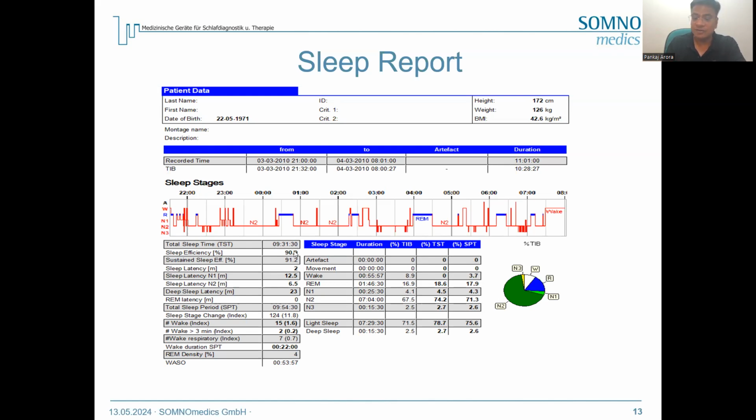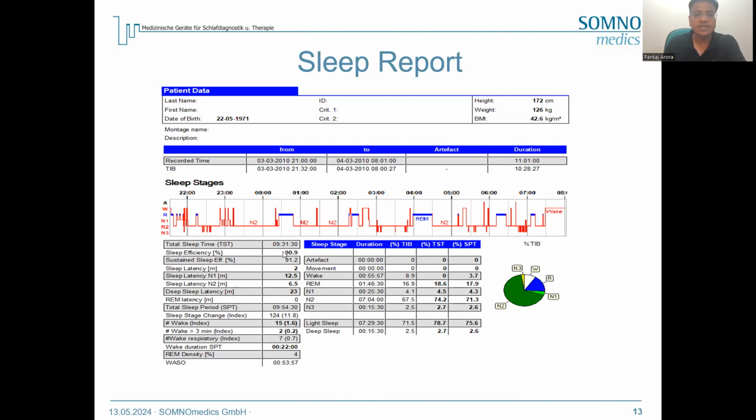How do you calculate sleep efficiency? I told you, total sleep time divided by time in bed. Total sleep time in this case, 9 hours and 31 minutes, comes to 9 into 60 is 540 plus 30, 571 minutes, divided by 628 minutes, which comes to 90%.